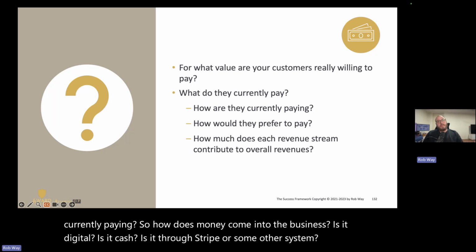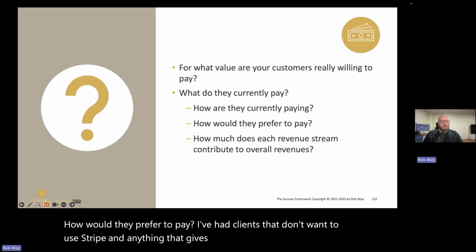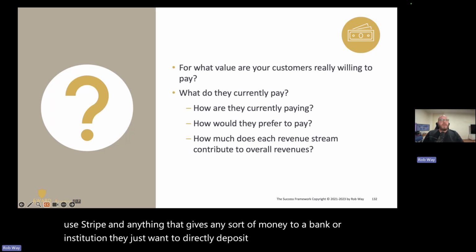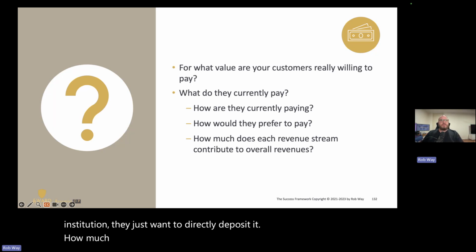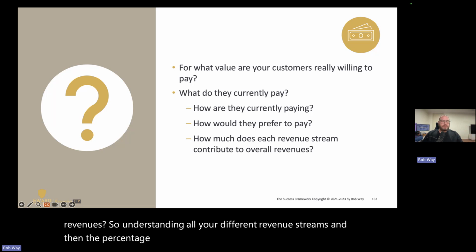How would they prefer to pay? I've had clients that don't want to use Stripe or anything that gives any sort of money to a bank or institution. They just want to directly deposit it. How much does each revenue stream contribute to the overall revenues? So, understanding all your different revenue streams and then the percentage each contributes to the total value of the business.